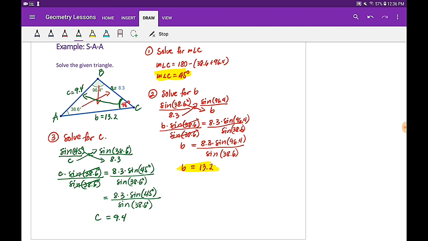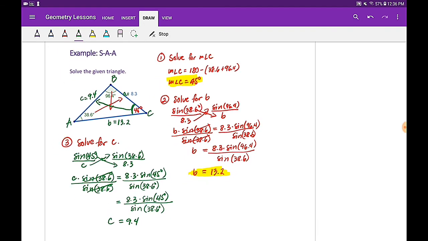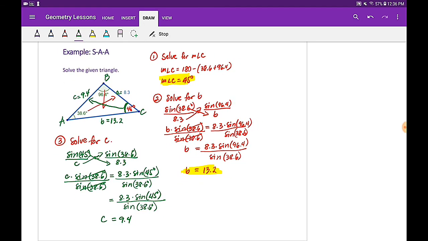So you can see here that solving ASA and SAA scenarios is pretty much similar. All you have to do is always pair an angle to its opposite side and make a ratio out of the sine of that angle to the length of the opposite side.